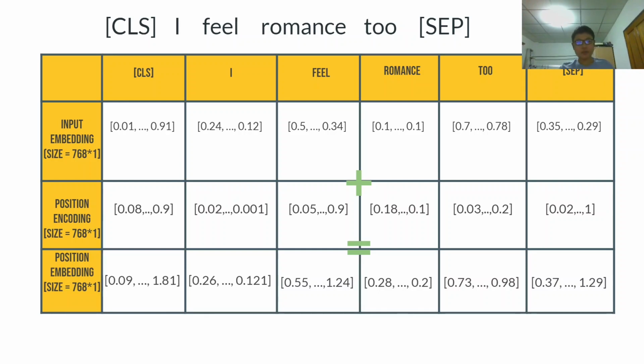And note that what makes BERT special here is that it allows them to be performed in parallel. You can see that we just plug the position index into the position encoding, and each word is really independent, and then we just add them together, so it can be performed in parallel.